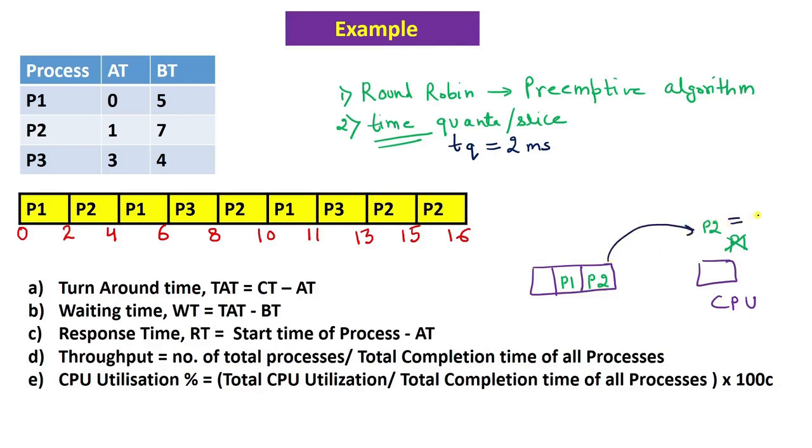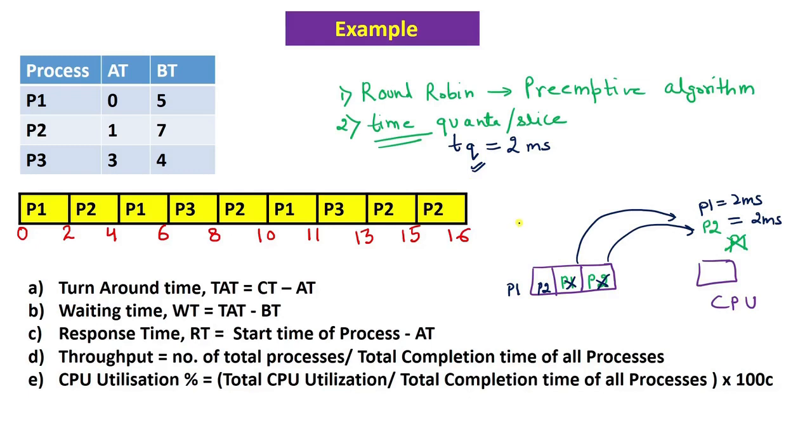P2 will run for 2 milliseconds, and after that, P2 has to come back and sit inside the ready queue. Then the next process, P1, will get the CPU and execute. After 2 milliseconds, it will again come back here, and again P2 will get the CPU. In this way, all the other processes will also get the CPU turn by turn after TQ units of time. So this was just for recall.